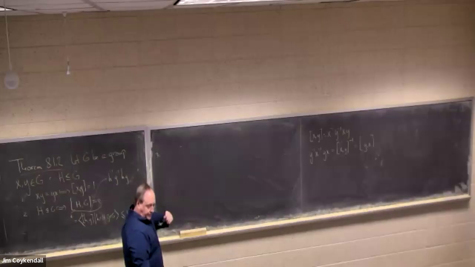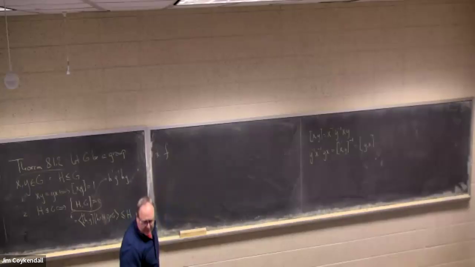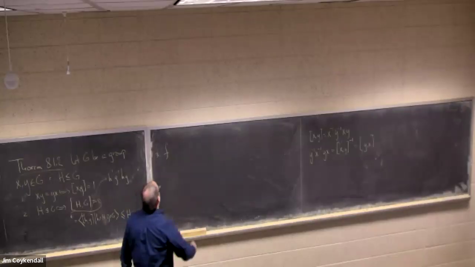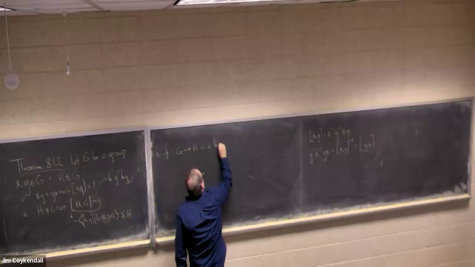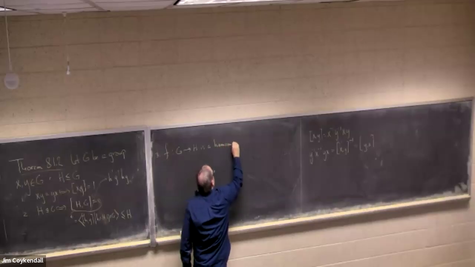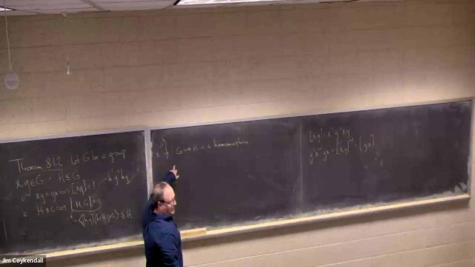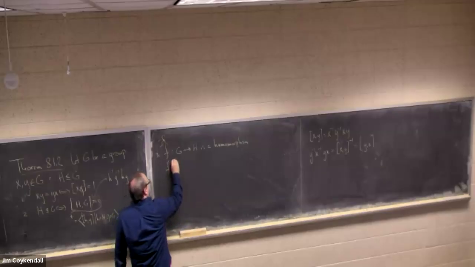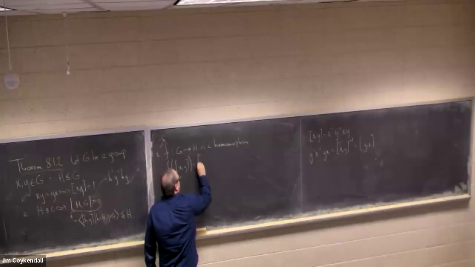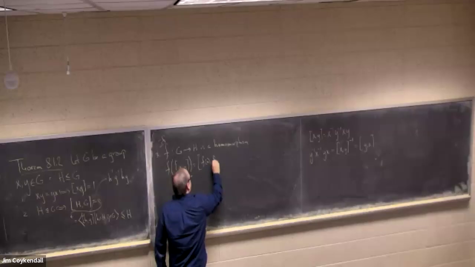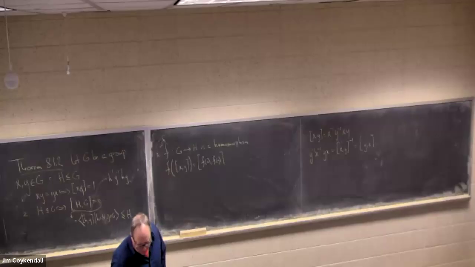Number three. If f from G to H is a homomorphism, then f of the commutator [x,y] is the commutator [f(x), f(y)]. So commutators behave very nicely with respect to homomorphisms.